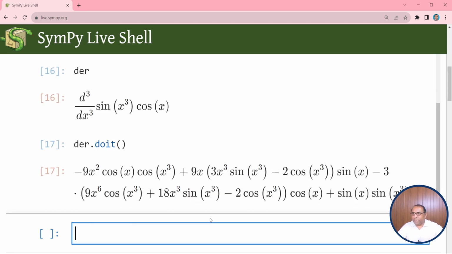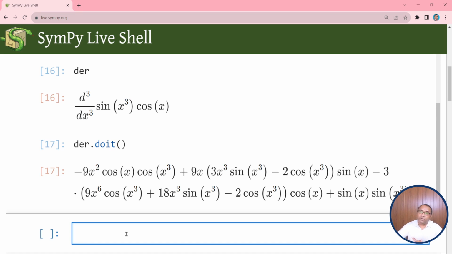So here you can see the derivative of the above function, which is the third order derivative. We have the corresponding value after simplification. So the doit function is used to simplify. If you have a derivative, an integration, or a limit, for all the cases we always use doit for further simplification.